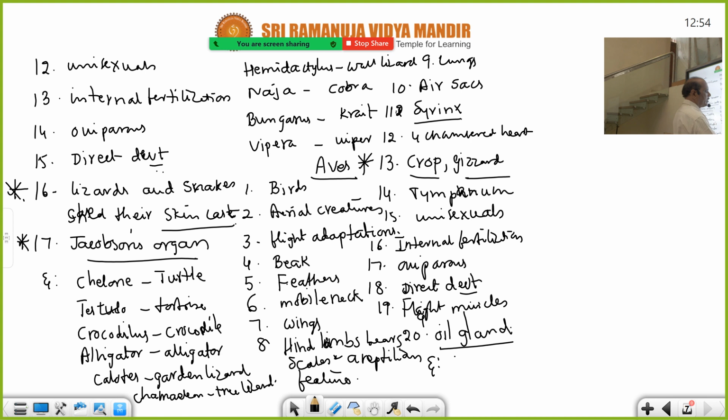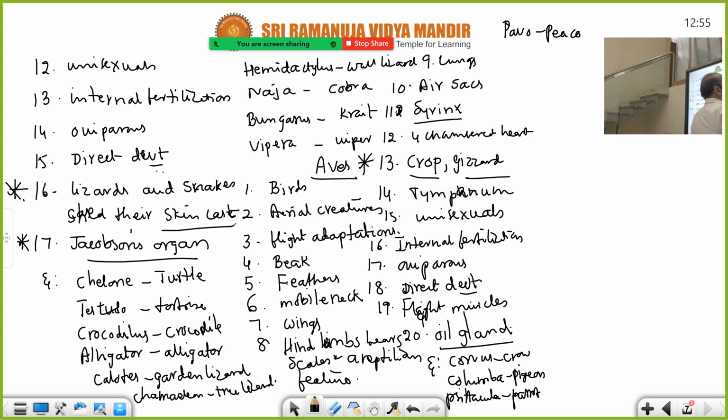Examples: Corvus, crow; Columba, pigeon; Psittacula, parrot; Pavo, peacock, our national bird; Aptenodytes, penguin, very important, flightless aquatic bird.